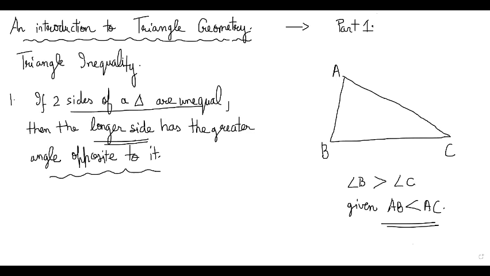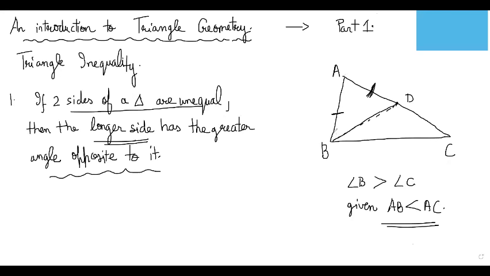So how do we do this? There is a very standard method. Some people know that you construct a point D on AC such that AD is equal to AB.